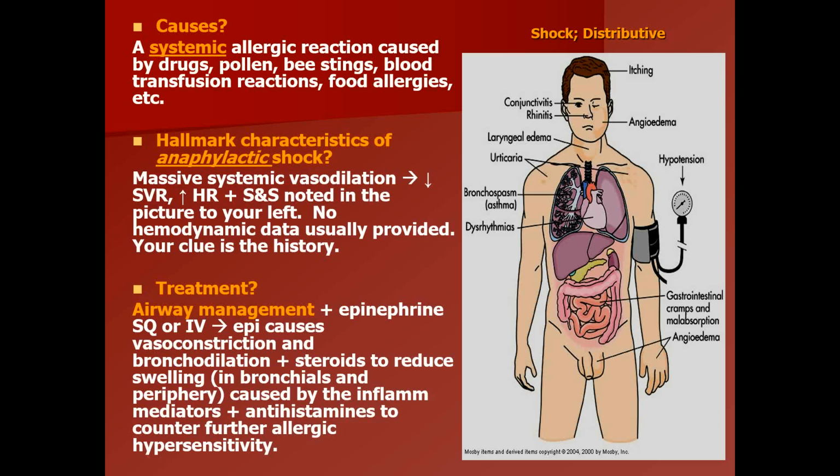This is your summation to the right of the signs and symptoms that can be seen with anaphylactic shock. I think probably the most common sign and symptom that will clue you in on an exam is wheezing, because you don't have wheezing in any of the other three shock states. So anaphylactic is pretty much wheeze.